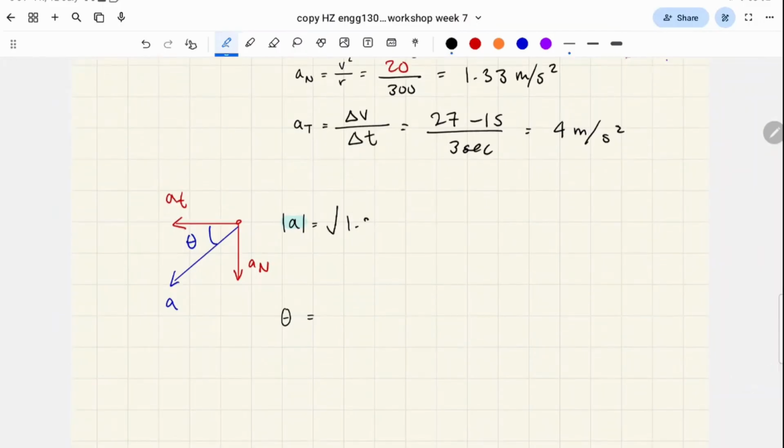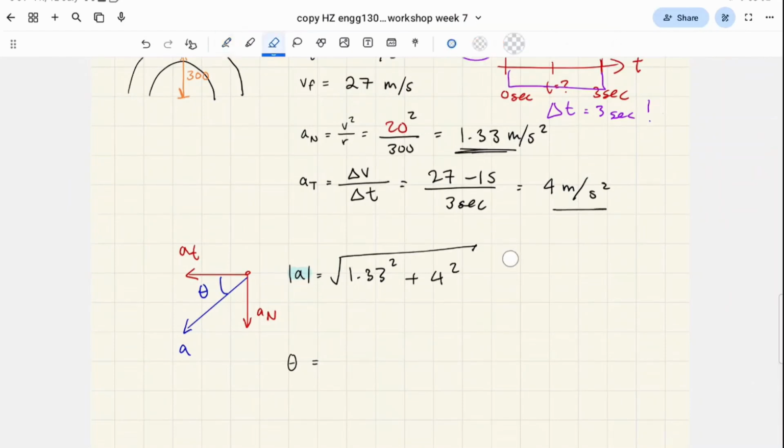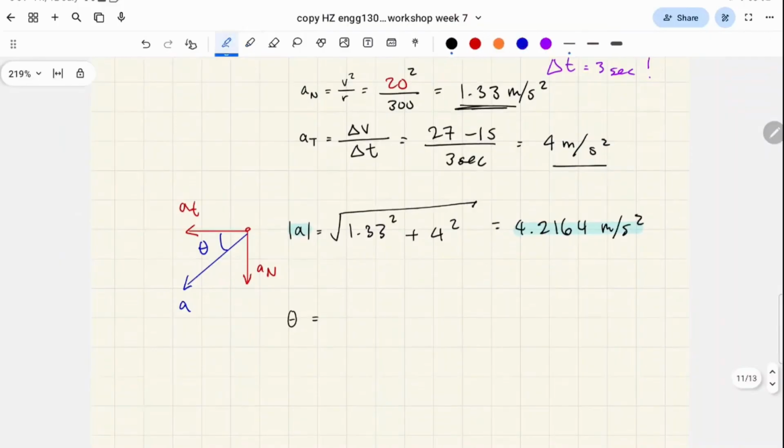So that's going to be 1.33 and 4, and we're going to utilize Pythagoras and vectors to find that magnitude. So that's the answer. But for some reason, I've also decided to include the angle.